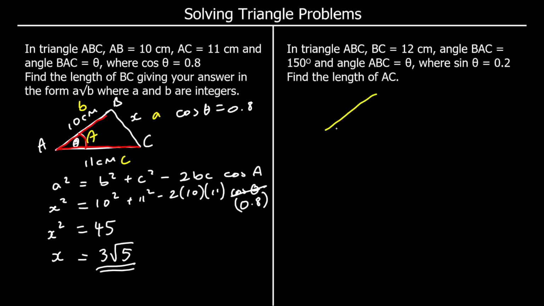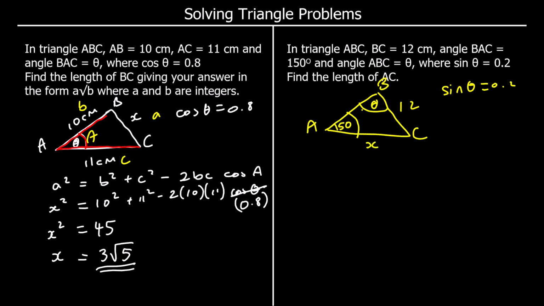So we have triangle ABC. B to C is 12. Angle BAC is 150, and angle ABC is theta. And we know sine theta is 0.2. Find the length AC, so x.